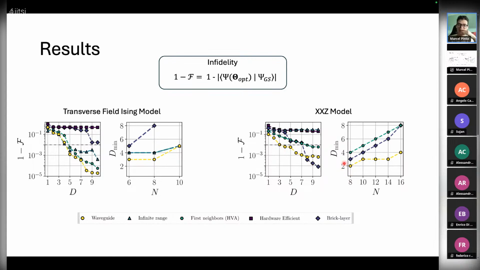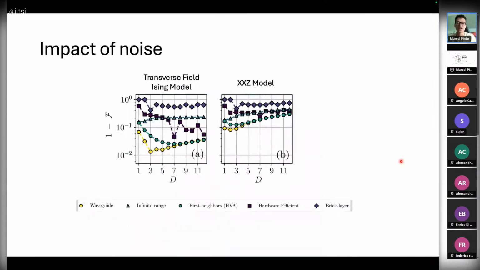And indeed, if you look again at the line here with 99% fidelity, you see that also for the XXZ model, the waveguide has pretty good results. You can reach this state with just 2, or at maximum 4 layers for n equals 16. And as I was saying, if you put noise on your system, what happens is that for deep circuits the results start getting messy.